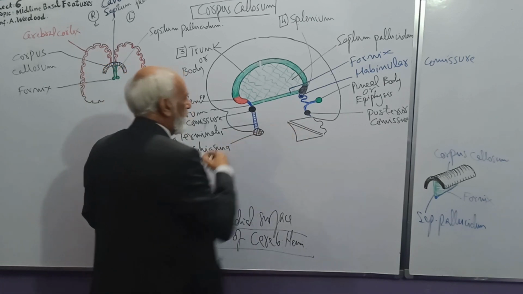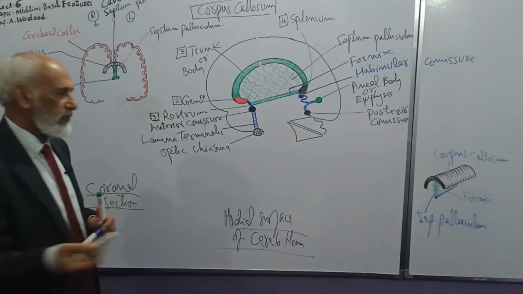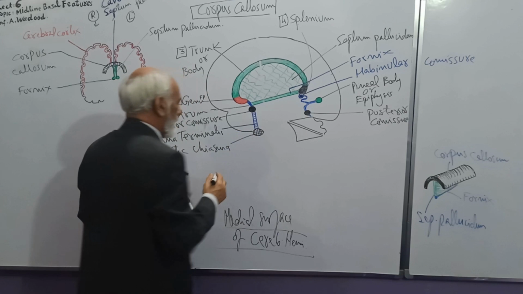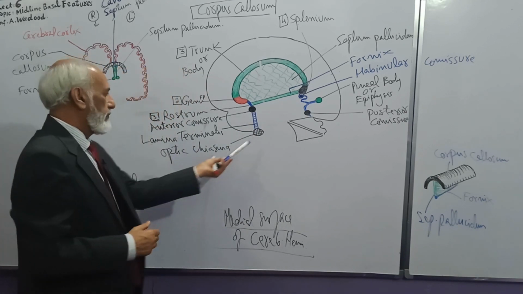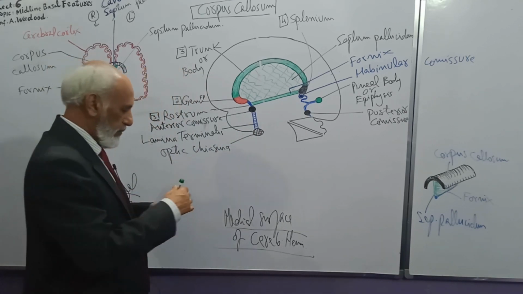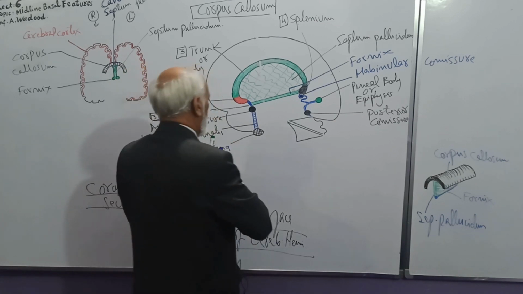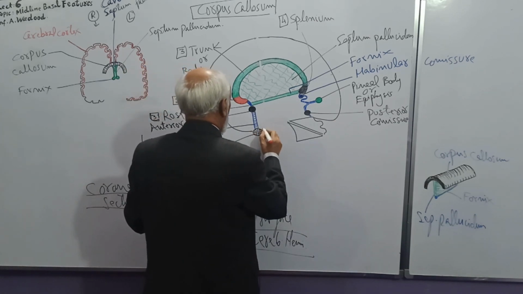Now, inferiorly, what are the structures from before backward? Number one is the optic chiasma. Behind the optic chiasma, there is a layer of gray matter known as the tuber cinereum.